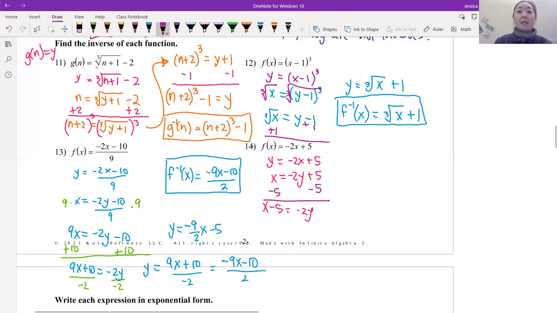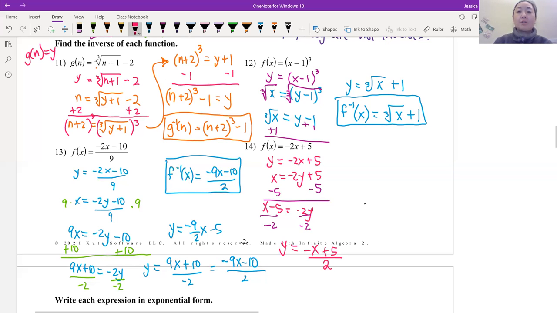How do we get rid of that negative 2? Divide by negative 2. And oh, we have another negative again. Gotta deal with that. All right, so we get y is equal to, I'm going to just move that negative to the top. So it's going to be negative x plus 5, right? Because the negative gets distributed to everything on the top, over 2.